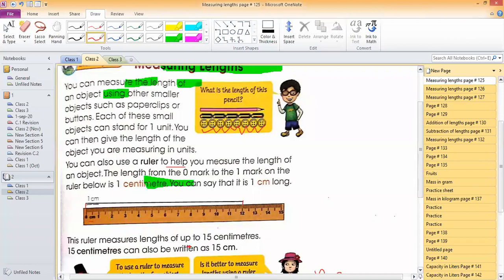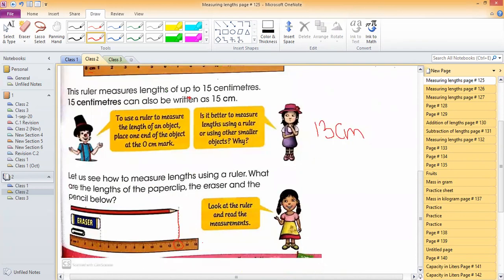Maybe you have a ruler from 0 to 20 or 0 to 25 centimeter, no problem. How will you measure the length of anything, guys? The easy way is to place the first end at 0.